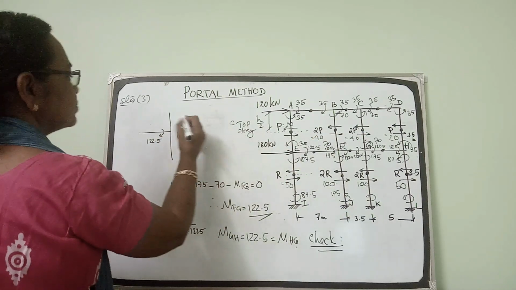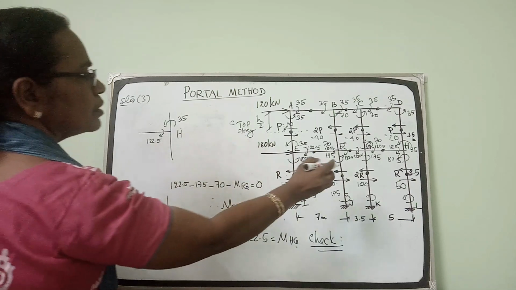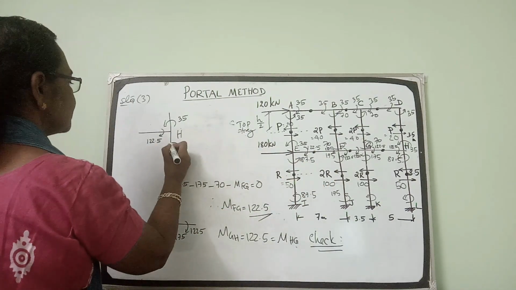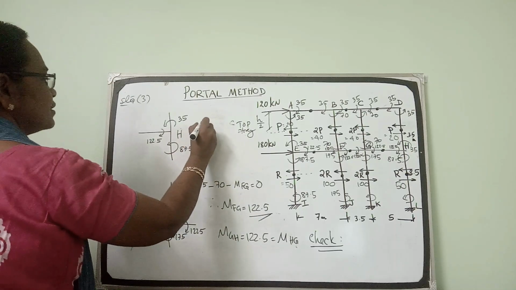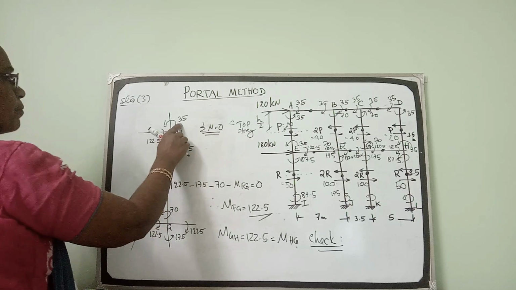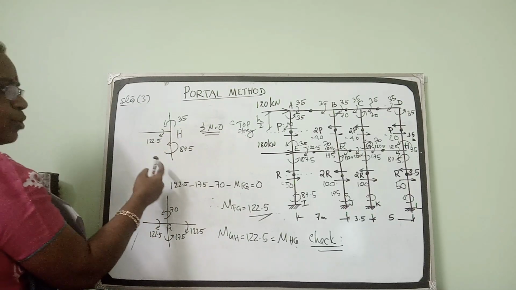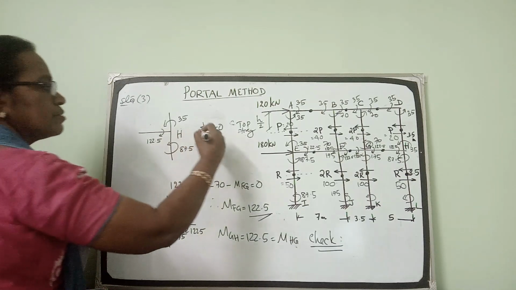That top column is 35. The bottom column is 87.5. You check whether sigma M is equal to 0. 87.5 plus 35 is 122.5 anti-clockwise. This is clockwise 122.5. So it is okay.